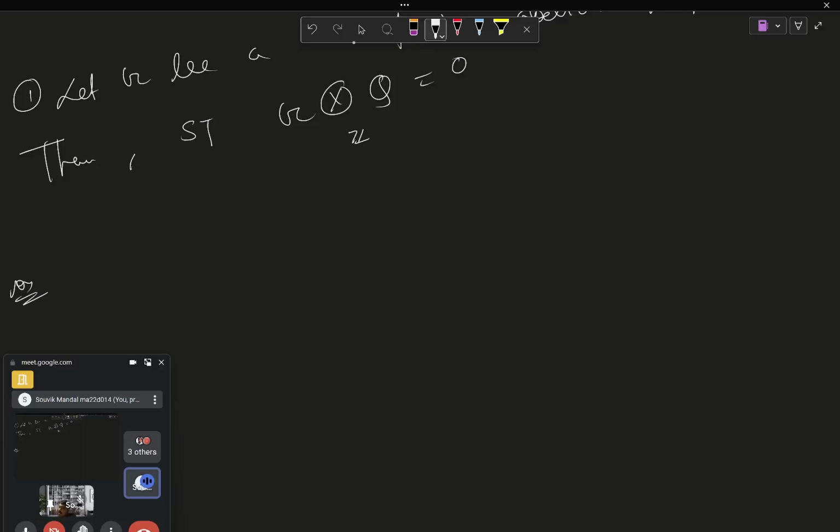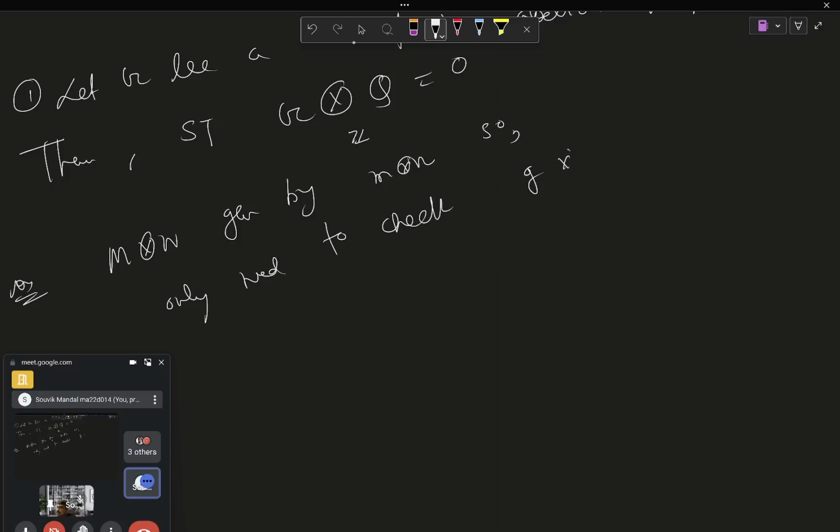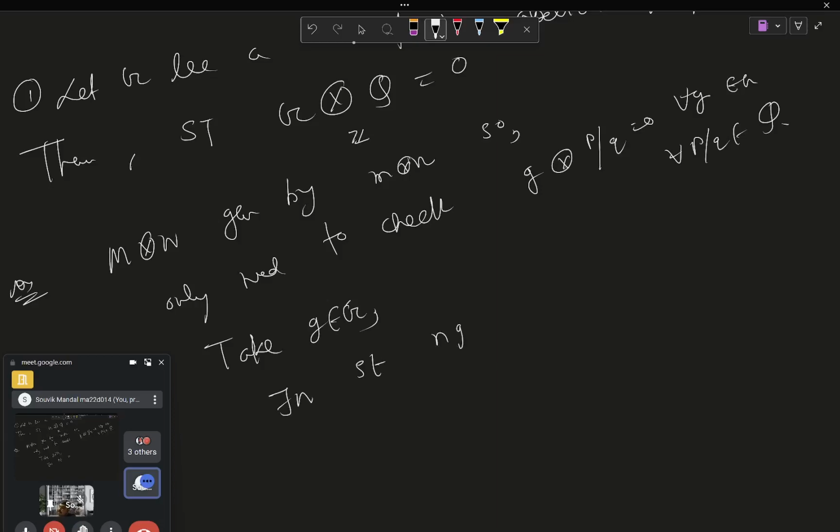Since M tensor N is generated by the elements of the form m tensor n, we only need to check that g tensor p by q is equal to 0 for all g in G and for all p by q belonging to Q. Now take a g. There is some n such that ng is equal to 0.